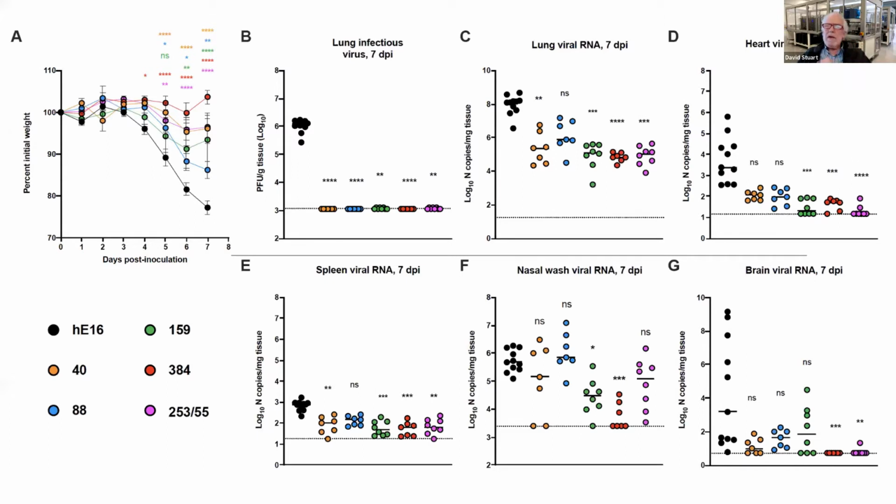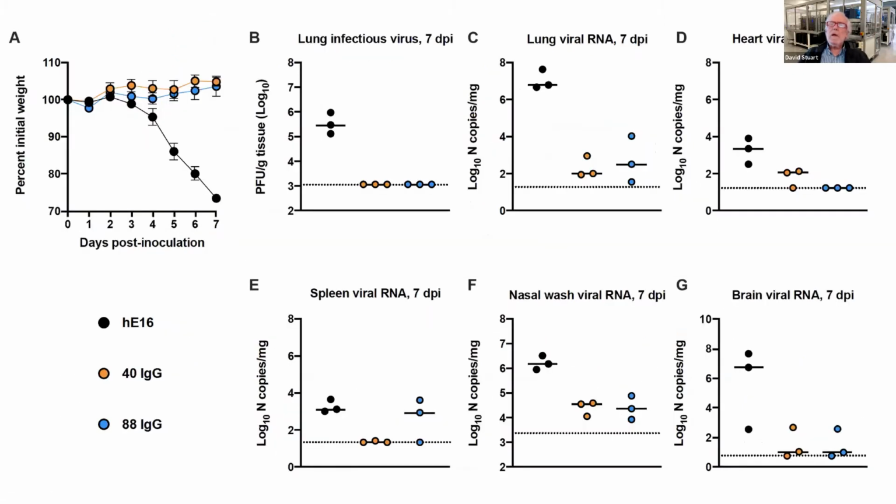this is work from Mike Diamond's lab using a transgenic mouse model, and the simple take-home message here is that if you compare with control, if you treat prophylactically with any of these potent neutralizing antibodies that we found, they protect in this model extremely well.